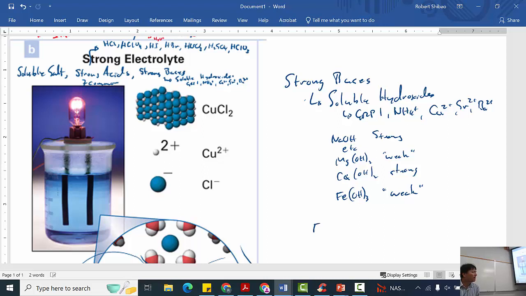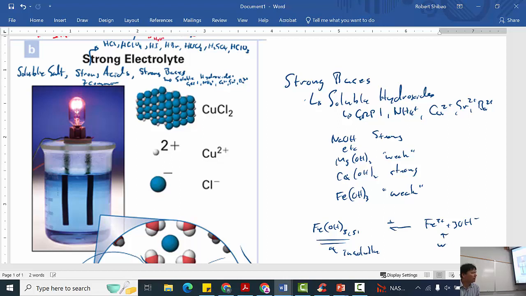And so iron 3 hydroxide is not very soluble. So most of it stays like this. Just a tiny bit dissolves, but the tiny bit that does dissolve should break up into ions: iron 3 plus and 3 hydroxides. It's insoluble.